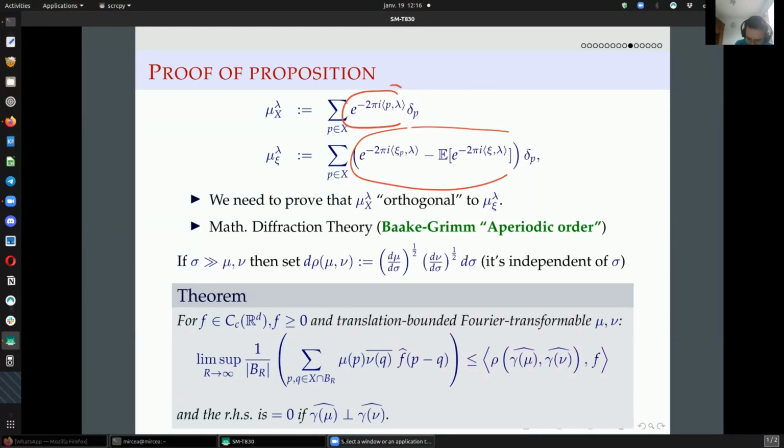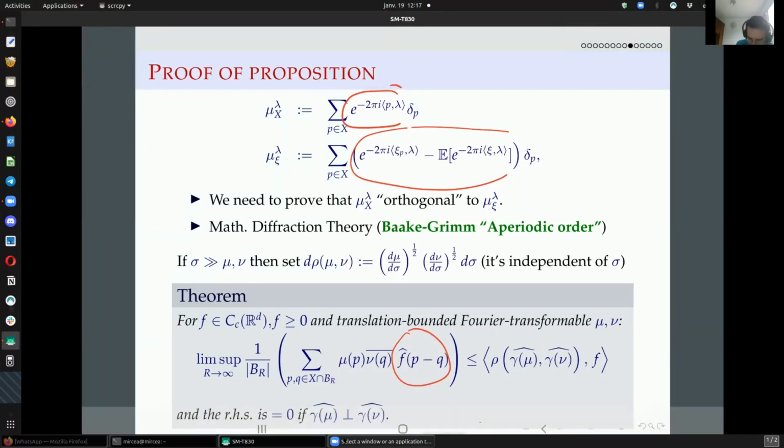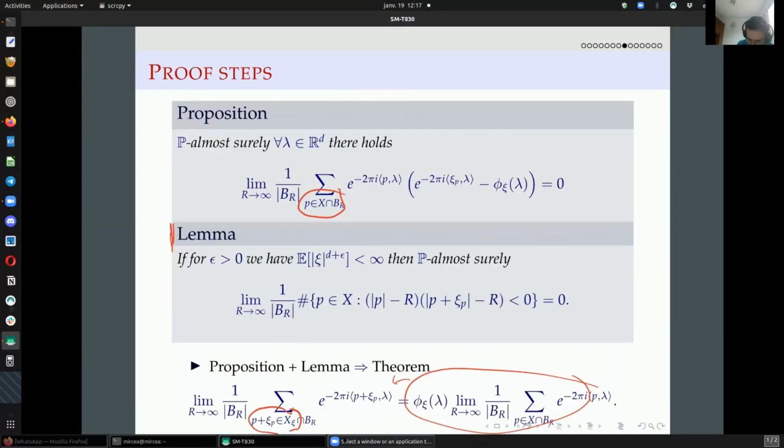So from this theorem, we take f concentrated at a distance smaller than the point separation given by the Delone property of the sets, and then under those conditions this sum in parentheses is really the same as just the p equals q case, which is the one from the proposition.